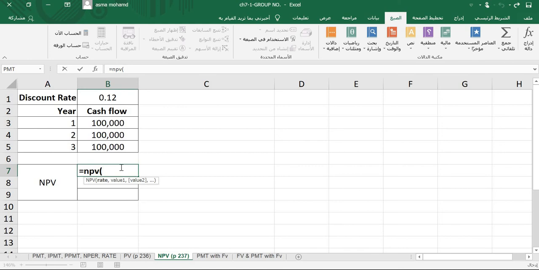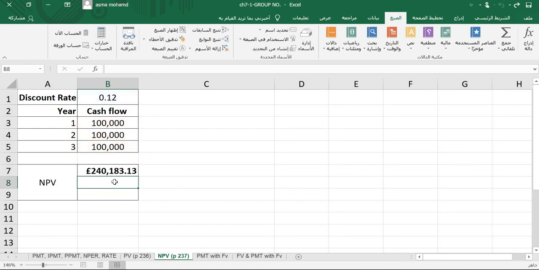So what are you going to decide? Either to have 205,000 riyal now, or you're going to have 300,000 riyal in the 3 following years. So to calculate it, we need first the rate and then the cash flow.